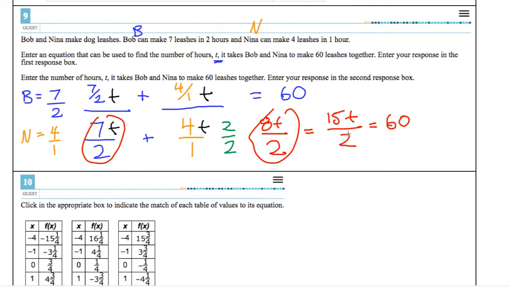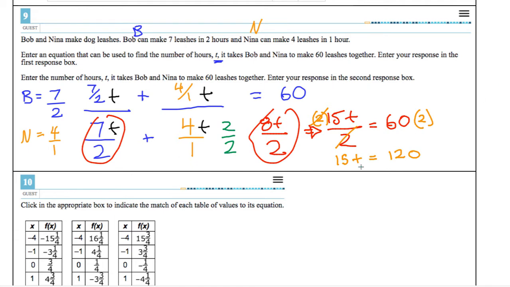And now I need to solve this equation. I'm going to multiply both sides by 2, because right now it was being divided by 2. That'll get rid of the 2 down here, and I'll just be left with the 15t. So now I have 15t is equal to 120, and then from there I'm going to divide by 15.